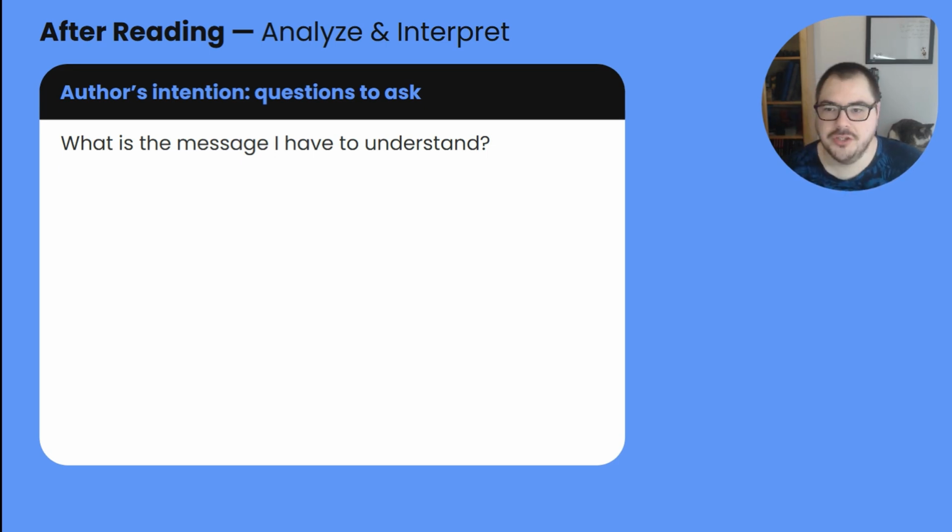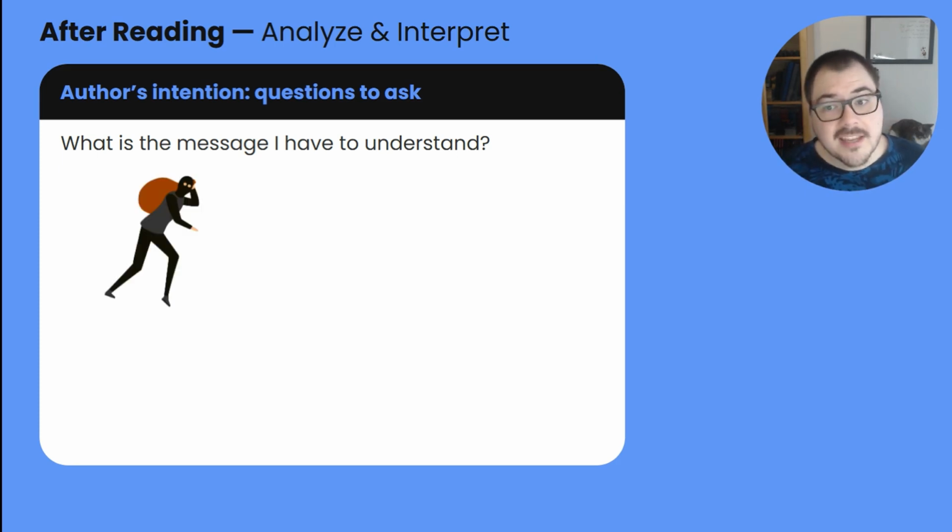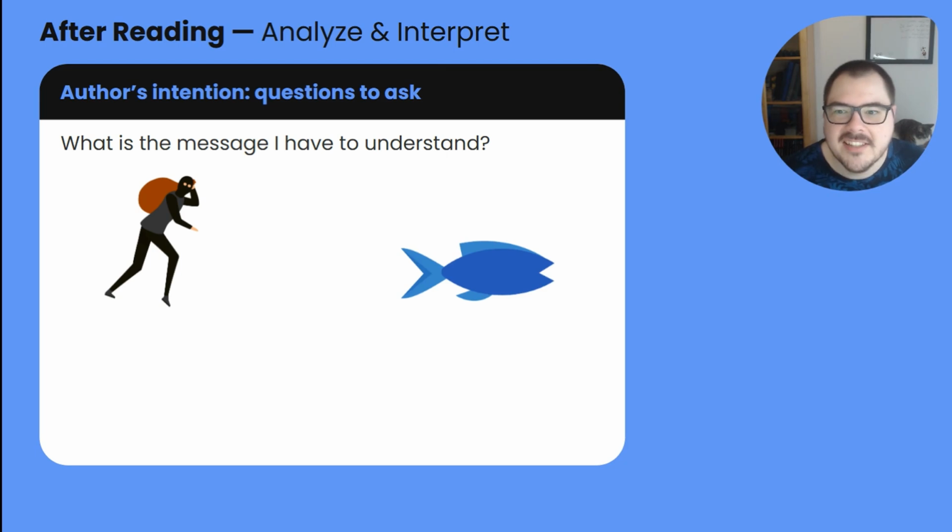For this question, try to think about specific things that you learned by reading the story. In a story you read, you could have learned maybe that it's wrong to steal. It is. And that you should always ask before you borrow things from your friends. You learned a valuable lesson from the text. Or maybe you learned in another text about tons of different kinds of fish.